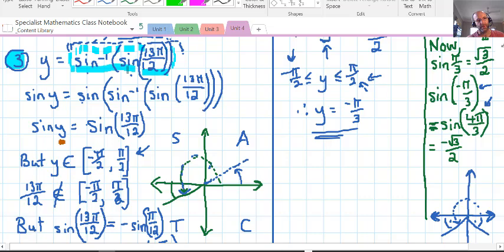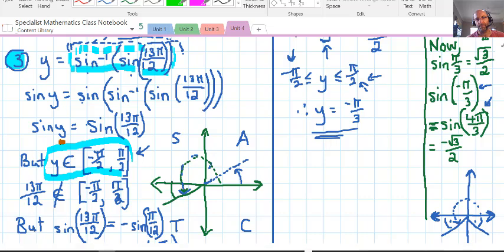So when we've got the inverse sine of something, we have to check that the value of the variable is an element of this set here. This is what we've been doing in all such cases. Okay, so -pi on 2 to pi on 2.